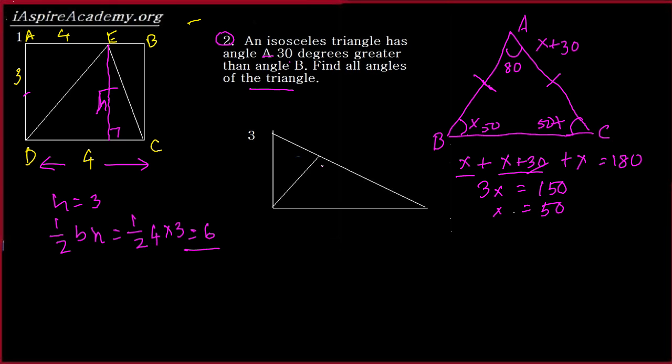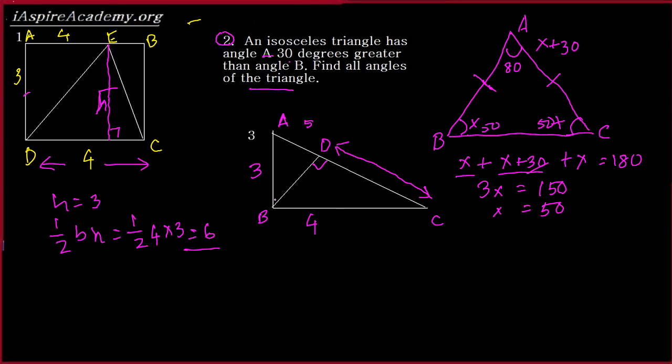Now the next one. The next problem is, again we have a triangle ABC, where this is a right angle, and let's say this is D. We have to find out the length of this. What we are given is this length AB is 3, BC is 4, and what we have to find out is the length of DC.